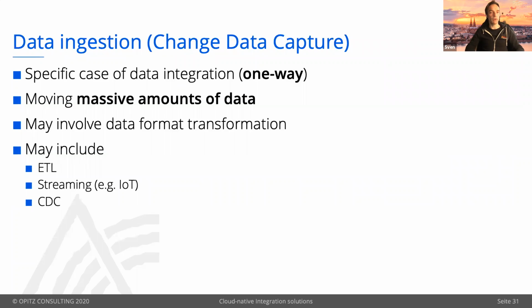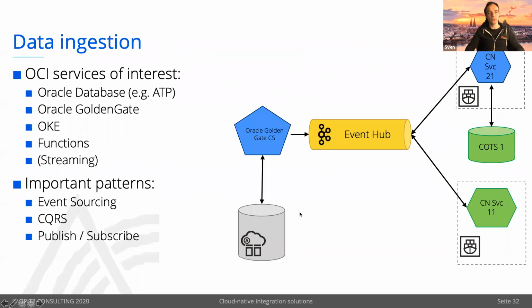Data ingestion, I already mentioned. So it is a specific data integration use case where you have to deal with a huge amount of change data, which comes from a database, for example. So when I insert data to a certain database, and those changes are relevant for my systems, then I can establish services like Oracle GoldenGate Cloud Service to capture this change data and push it to an Event Hub solution.